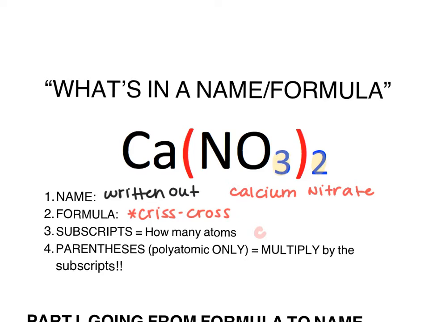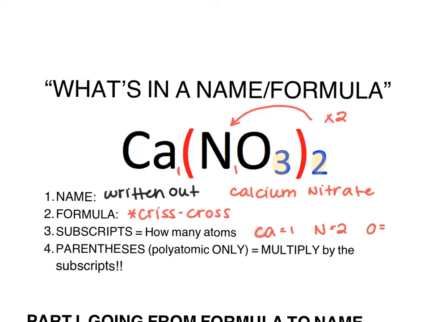So if I wanted to talk about the amount of calcium I had, then I would say, well, I only have 1. I'd have 1 calcium. But if I wanted to know how many Ns I had, or my nitrates, I would take this 2 that's on the outside and distribute it in. And when I distribute that in, I'm going to multiply by that number. So here it's like taking 2 times 1, and I get 2.